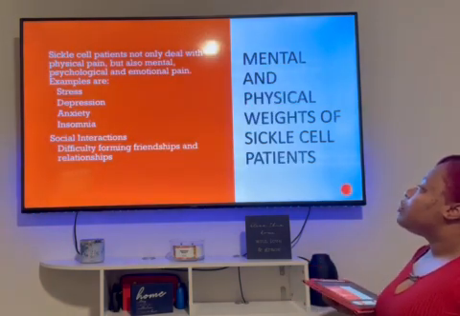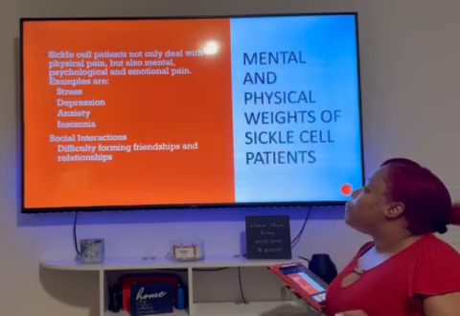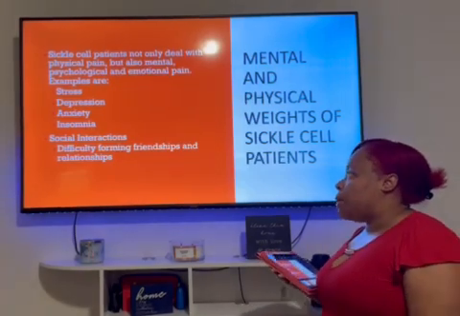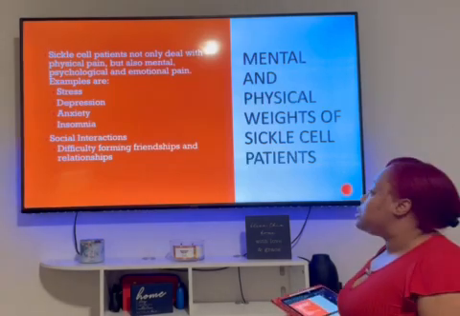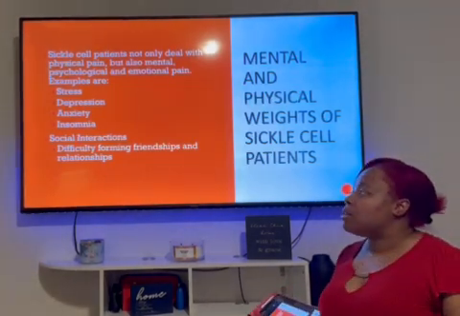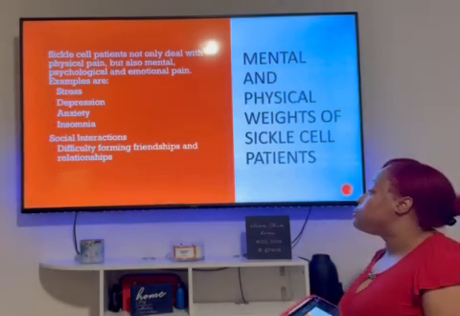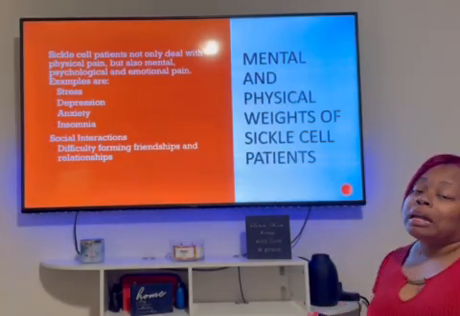Sickle cell patients not only deal with physical pain, but also mental, psychological, and emotional pain. Examples are stress, depression, anxiety, and insomnia. In social interactions, they sometimes have difficulty forming friendships and relationships because they feel as if nobody understands.